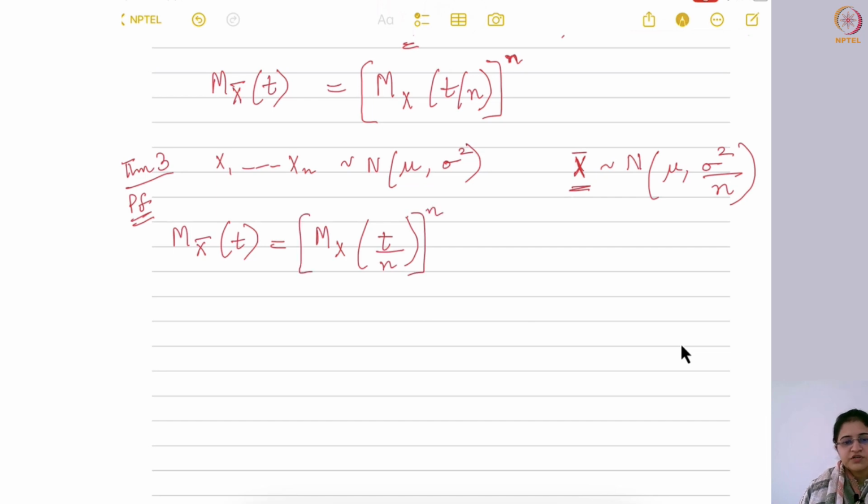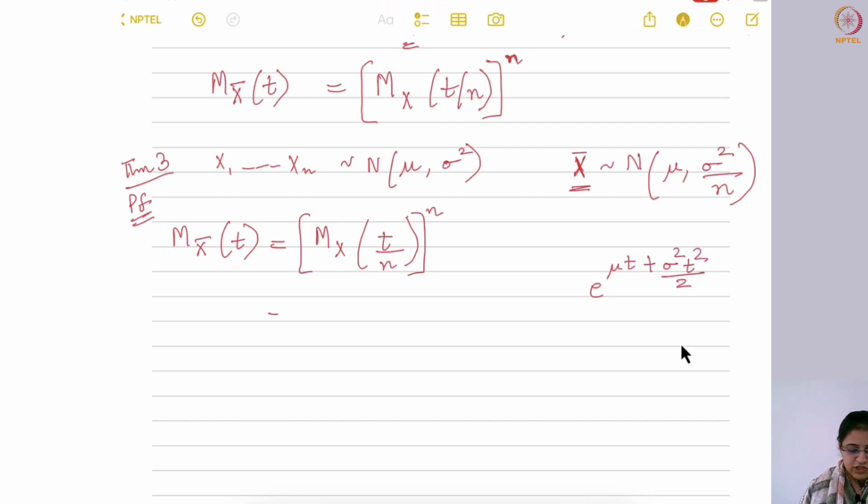Now, since these are the x i's, they are identically distributed, I can simply consider x. And what is the MGF of the normal distribution? We all know that the MGF is e raised to the power mu t plus sigma square t square by 2.